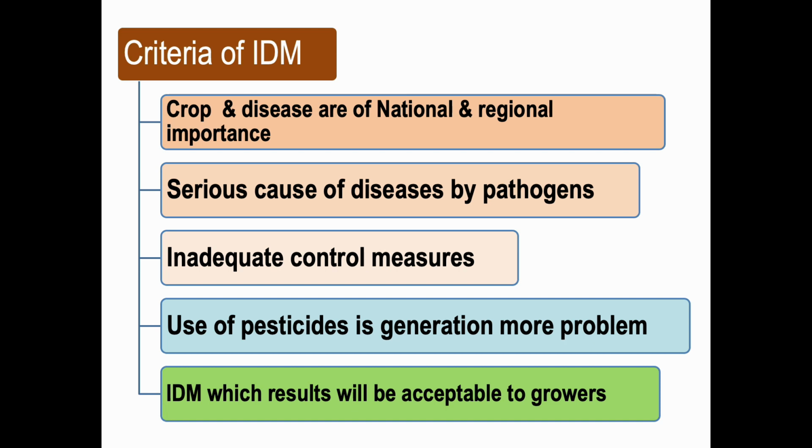I mean to say, for a particular pathogen or disease, control measures may be there, but those control measures may be ineffective to curb the problem. Followed by use of pesticide generating more problems, and the IDM which is to be formulated should be acceptable to the growers, and it must be economically as well as socially acceptable.